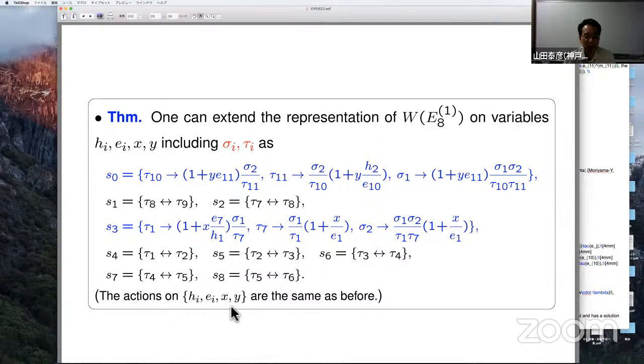Here, the actions on the H_i, E_i, and x, y variables are the same as before, so we omit them here. Again, the actions S1, S2, S4, and so on are nothing but the exchange of the points, and the only non-trivial actions are S0 and S3.